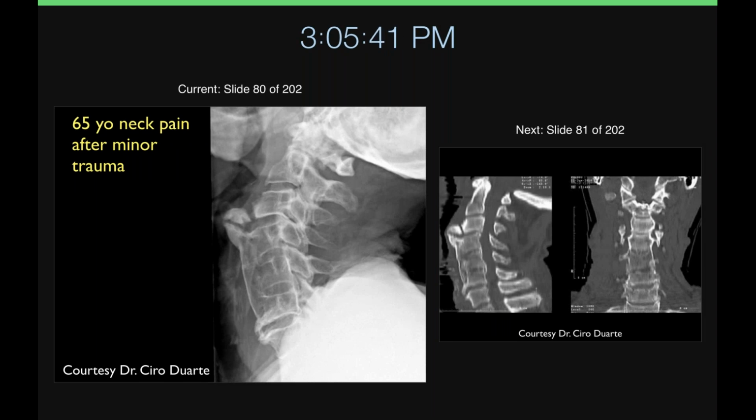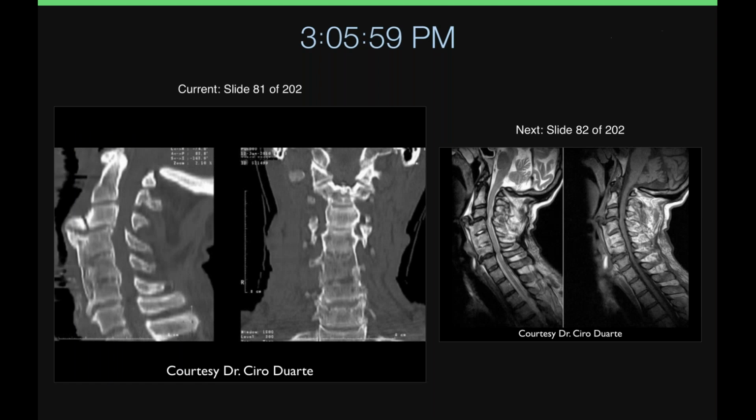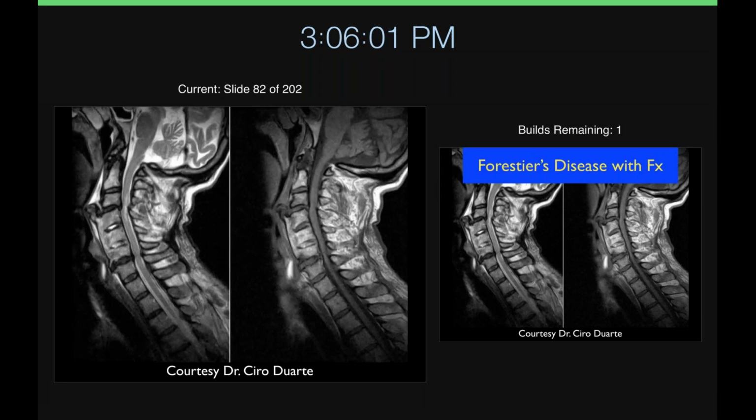5-year-old neck pain after minor trauma. So again, we see flowing ossification anteriorly and bridging ossification, and it looks like a fracture of the osteophyte at C3-4. Yeah, anterior, and there's a big step off here, right? There's a CT. There's the MR. And here we can see that there's abnormal signal intensity within the cord, which also has a negative prognosis, meaning an injury to the cord.